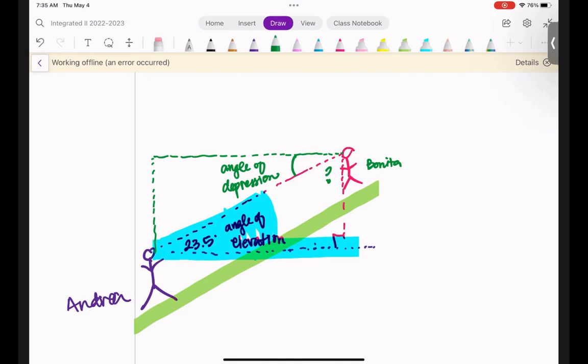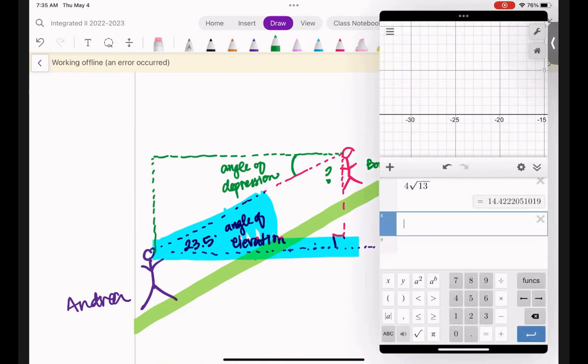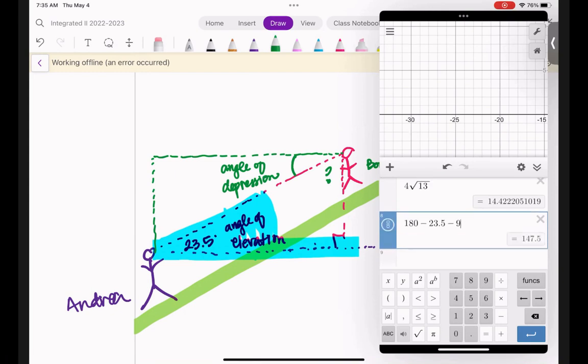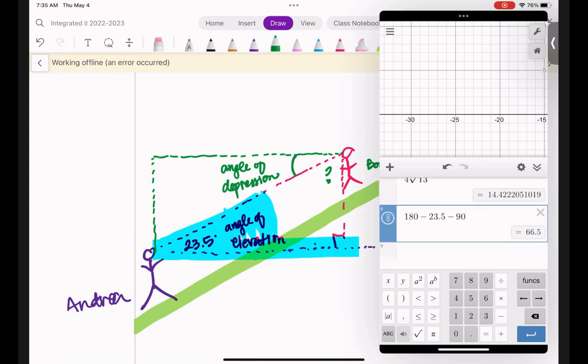Yeah, some of you are like, well, it's just 180. And some of you actually don't do 180. You just go straight to 90, which makes sense because you already know that those two angles, the acute angles of a right triangle, add up to 90. That's fine. 90 minus 23.5 is 66.5. Okay, so this angle here is 66.5 degrees.